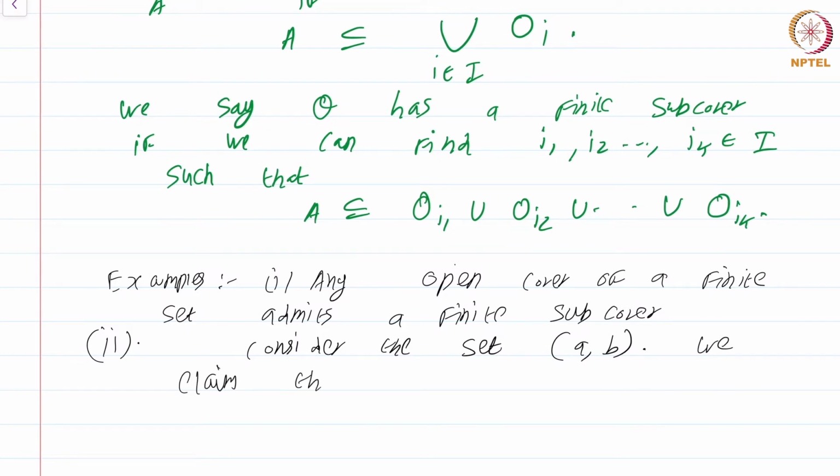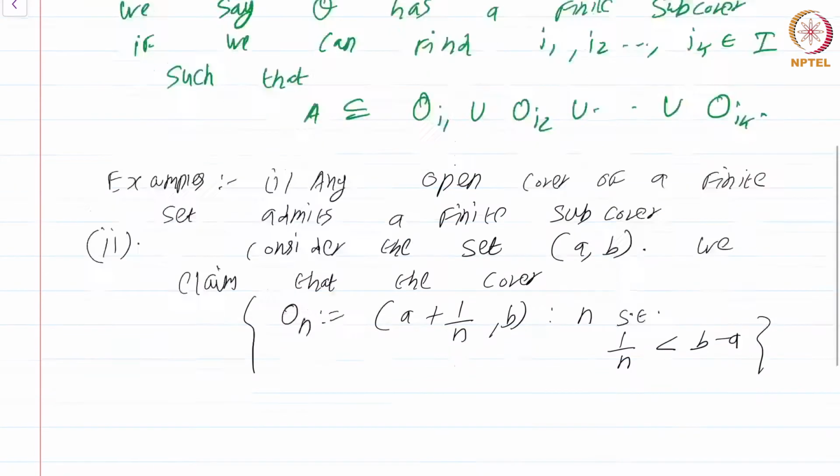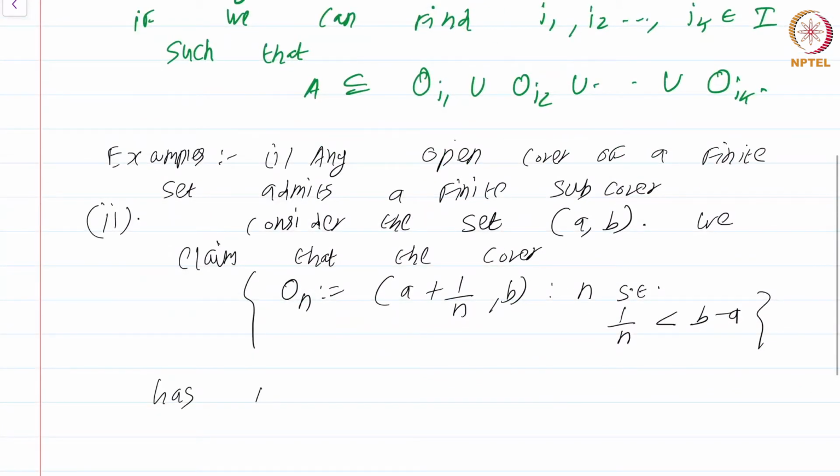We claim that the cover O_n, defined to be (a + 1/n, b), where I choose n such that 1/n is strictly less than b minus a, has no finite subcover.